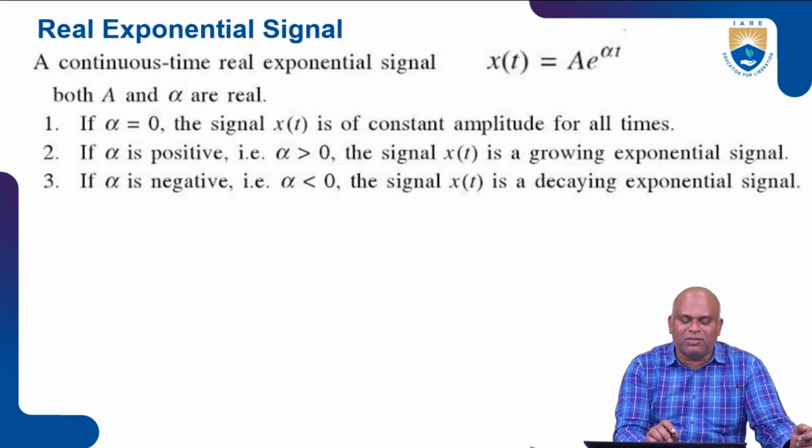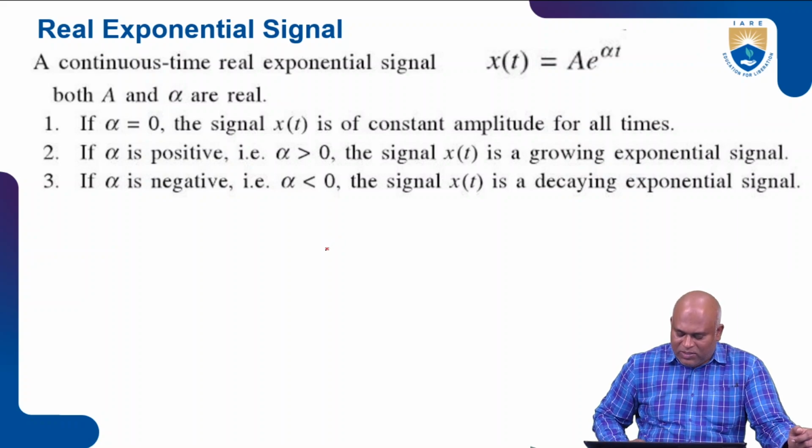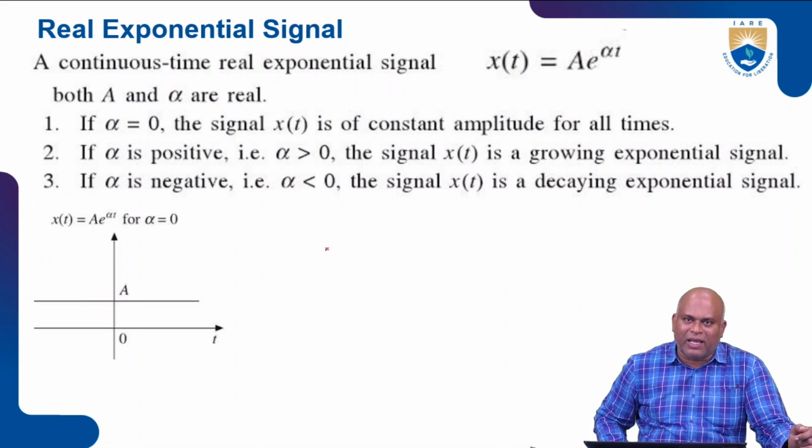If alpha equals 0, then the signal x of t has constant amplitude for all time. If alpha is greater than 0, then x of t is a growing exponential signal. If alpha is less than 0, then x of t is a decaying exponential signal. I will represent this with the graphical model.